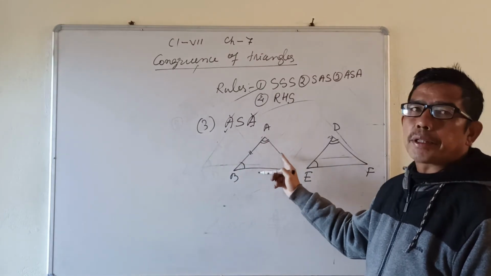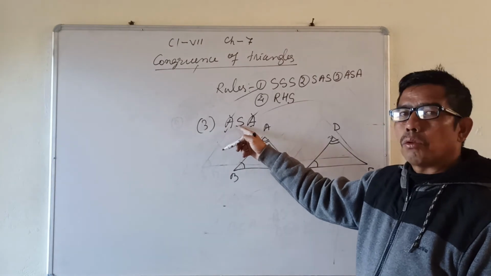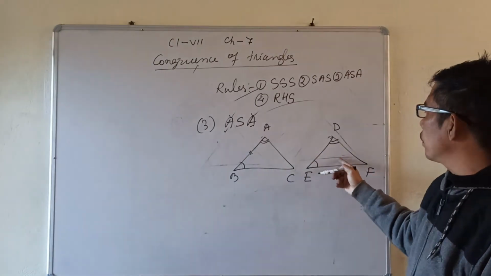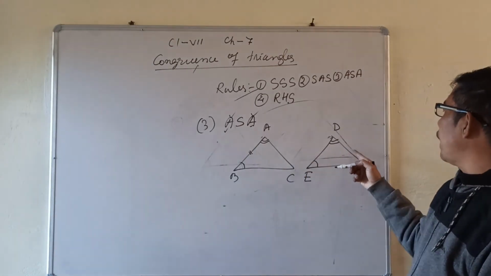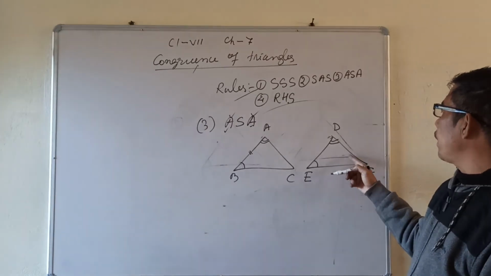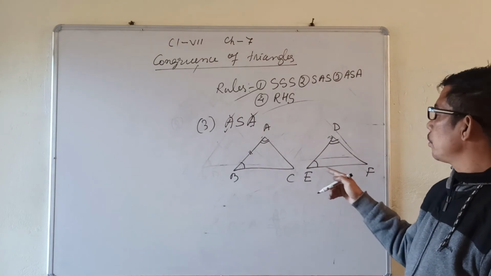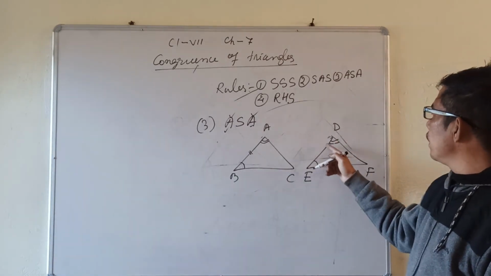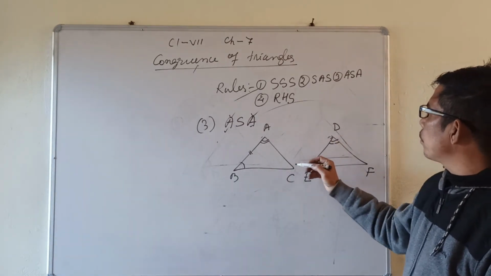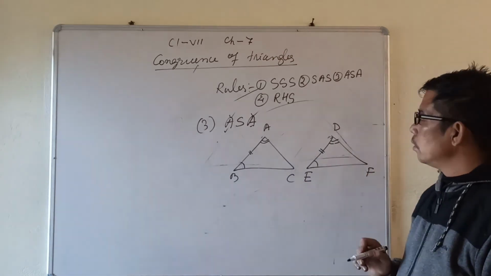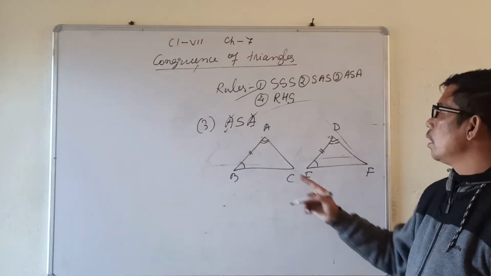These two sides cannot be taken if you want to apply this rule. And from here also, you cannot take EF and DF, because at the ends of these sides, the two angles are not there. The two angles are at the ends of the side DE. So DE should be equal to AB.